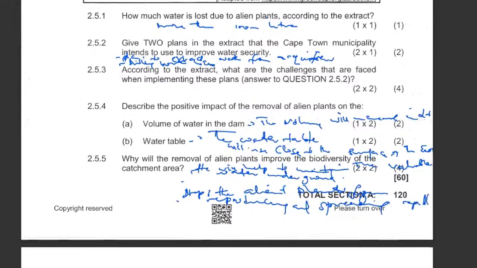Spreading rapidly. Okay. It also helps to keep water for the valuable indigenous plants.